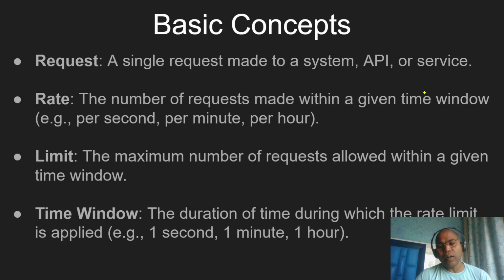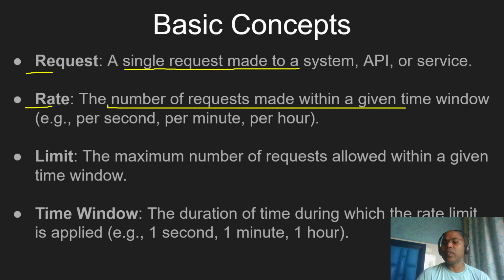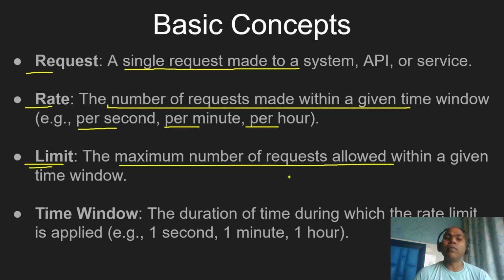In rate limiting, there are some basic concepts we should know. A request is a single request made to a system. A request means I want to access my application for a specific purpose. The rate means the number of requests made within a given time frame, a time window, maybe per second, per minute, per hour, per day. And the limit is the maximum number of requests allowed within a given time frame.